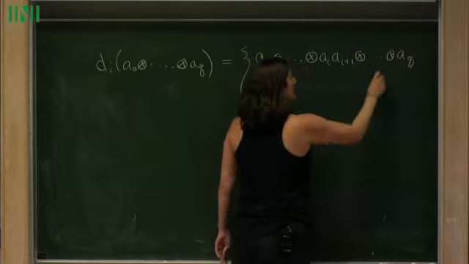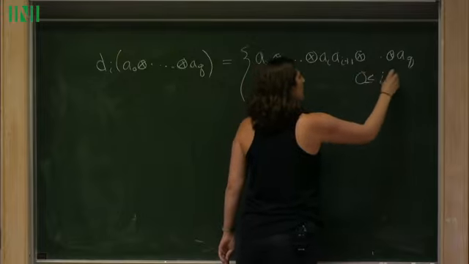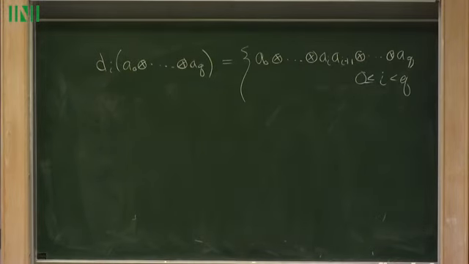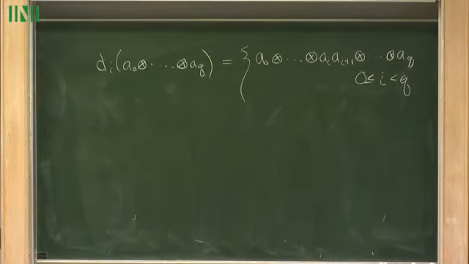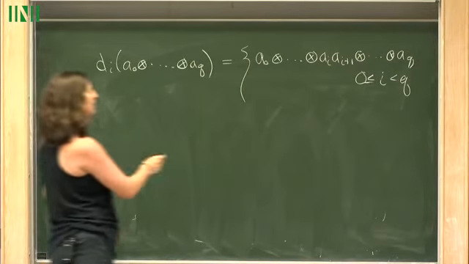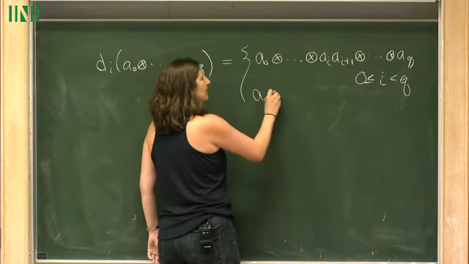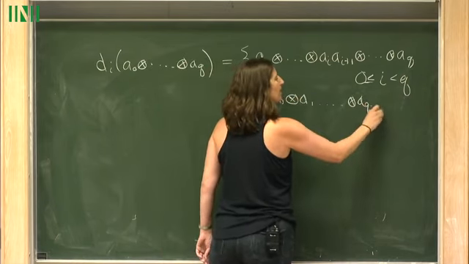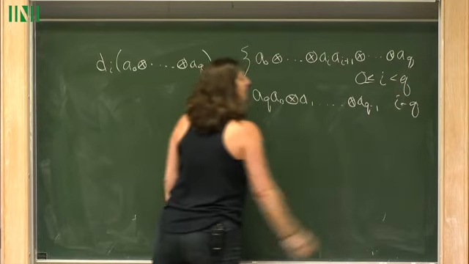And that makes sense as long as i is greater than or equal to 0 and less than q. The last face map's a bit different, so recall that the last face map brings that last element around front and then multiplies. So we have a_q a_0 tensor a_1 through a_{q-1} if i is equal to q.